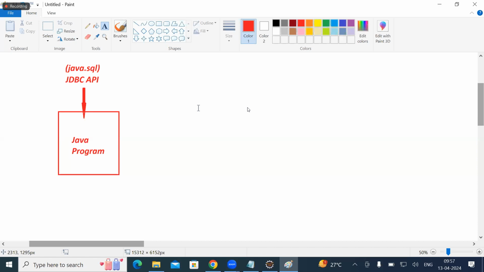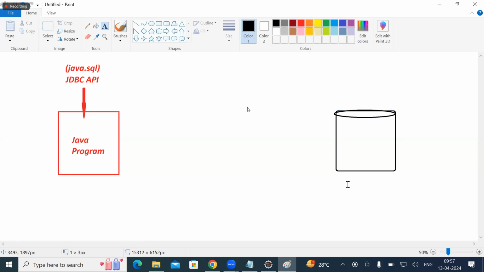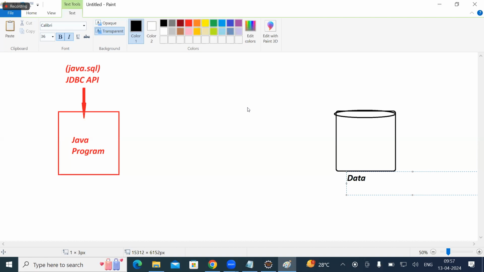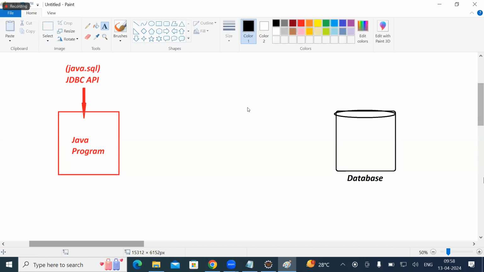Right. Now this Java program should communicate with one database product. This is one database. Sir, this Java program is one endpoint. The database is one more endpoint, and you have to connect them.